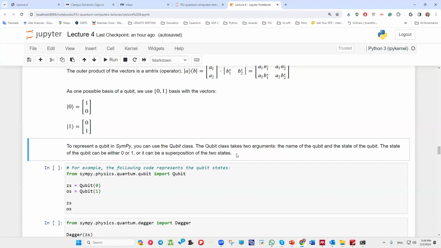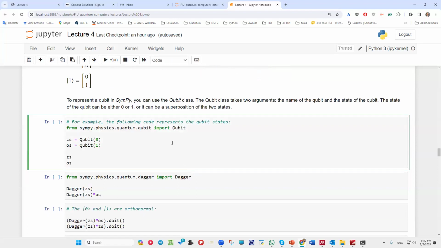Maybe in what follows we won't use this way of representing vectors that much, because we're going to focus more on Qiskit. But at this moment, let us use this class qubit from SymPy Physics Quantum.